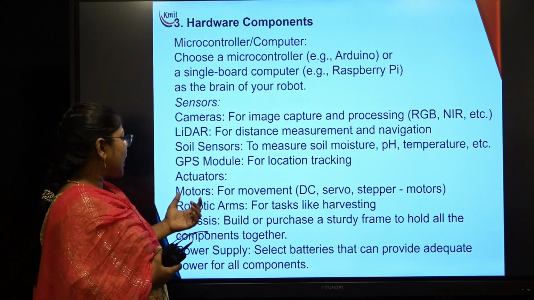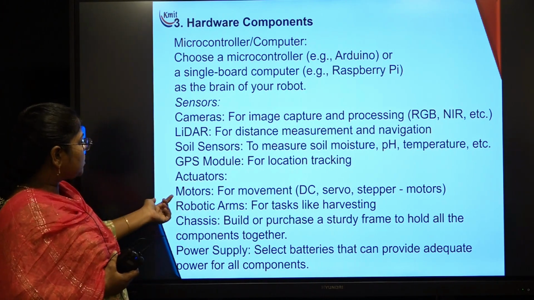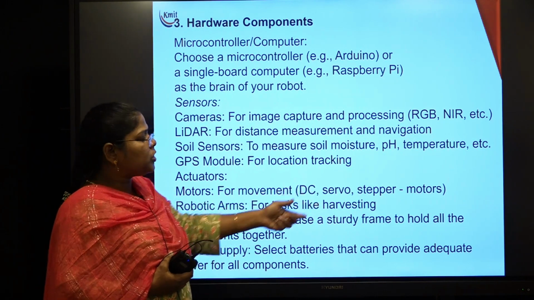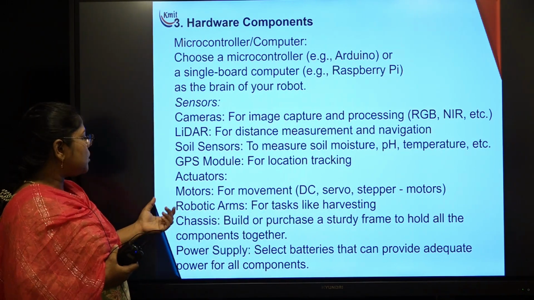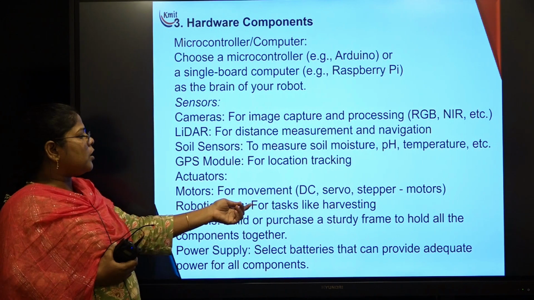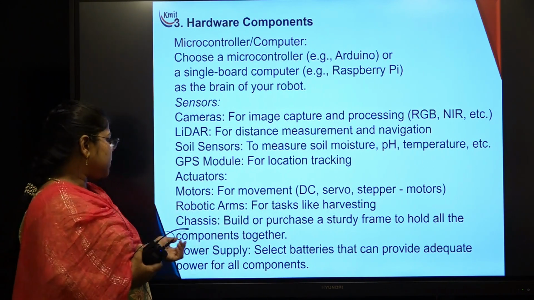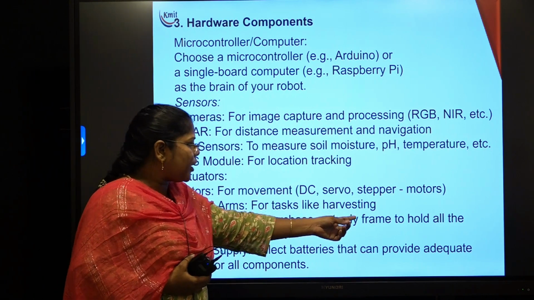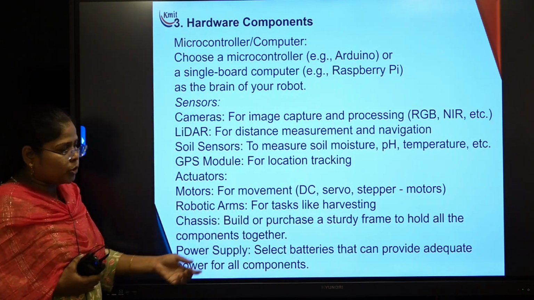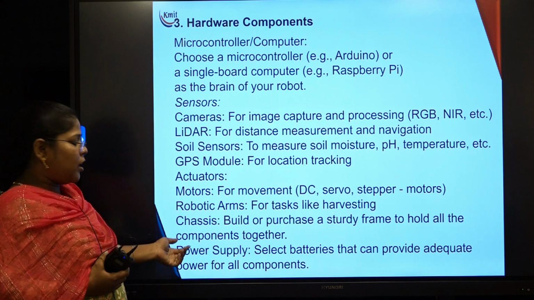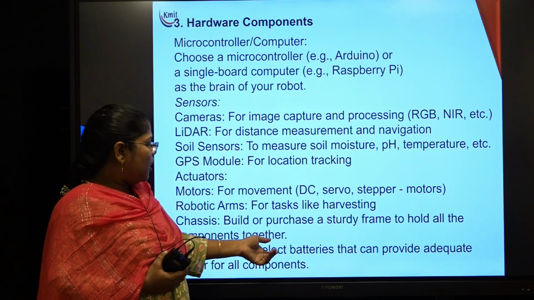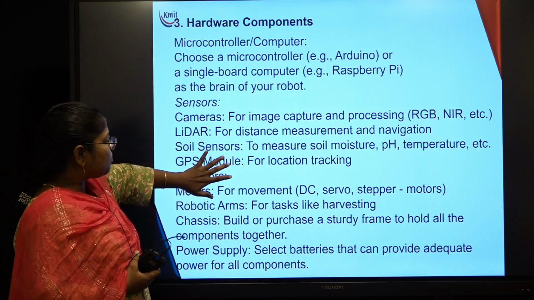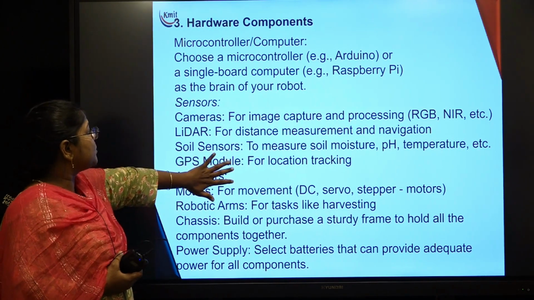Next one is the actuators. Motors, for the movement, we use DC motors or stepper motors. Robotic arms for doing tasks like harvesting, plus a sturdy frame to hold all the components together. Last one is power supply. It uses batteries, rechargeable batteries or normal batteries.